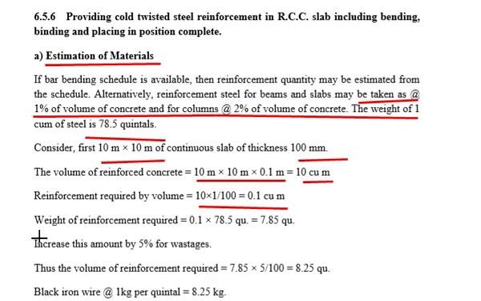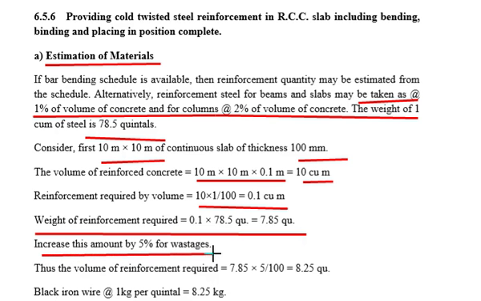Now, weight of the reinforcement required, that is 0.1 into 7850. It means 7.85 quintal or 785 kg. 1 quintal means 100 kg. Increase the amount by 5% for the wastage. So we have to increase this 7.85 by 5 percent. That will give you 8.25 quintal.